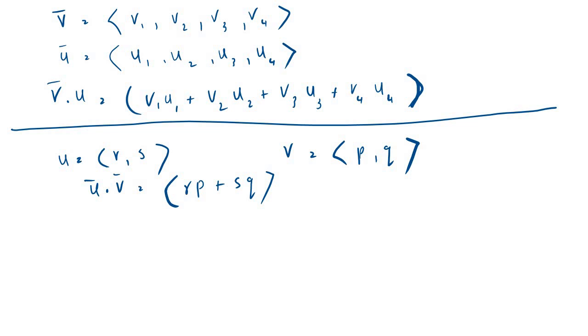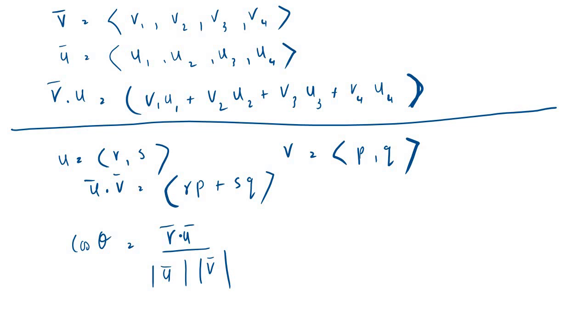But if you want to get the angle between V and U, let's say the angle is theta. We can write cos theta as equal to the dot product of V and U over the magnitude of U times the magnitude of V. The dot product is a scalar, and the magnitudes are scalars as well.